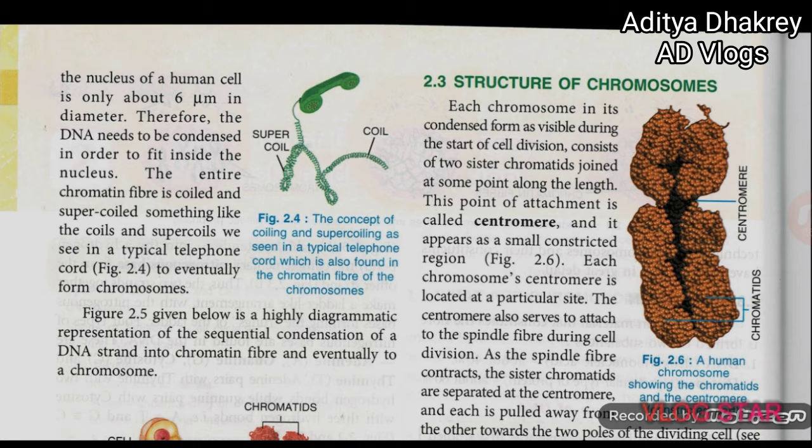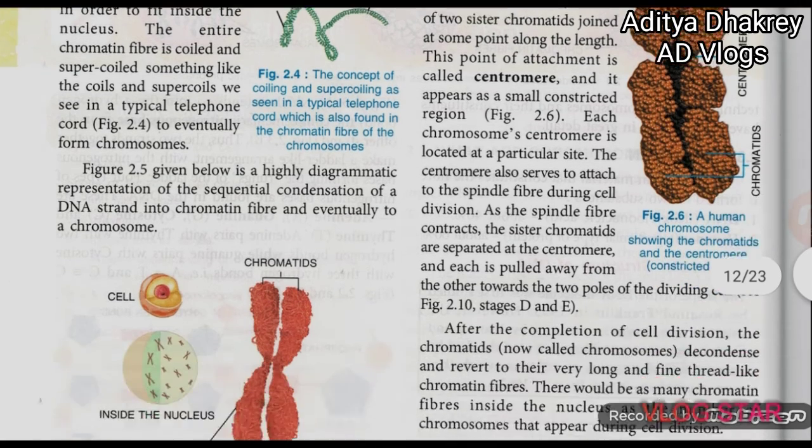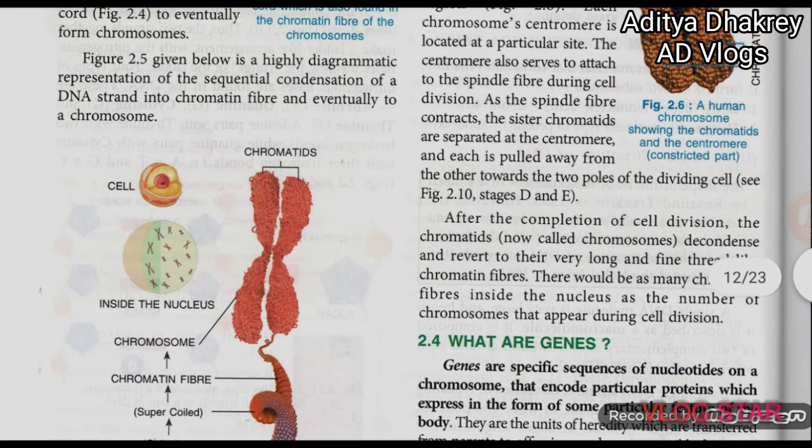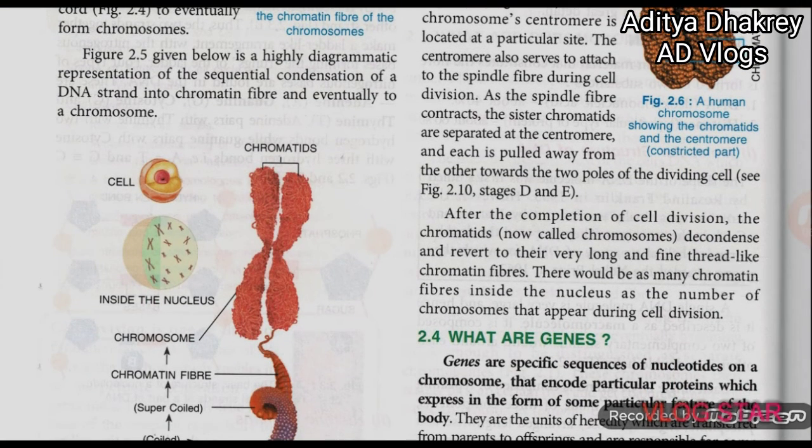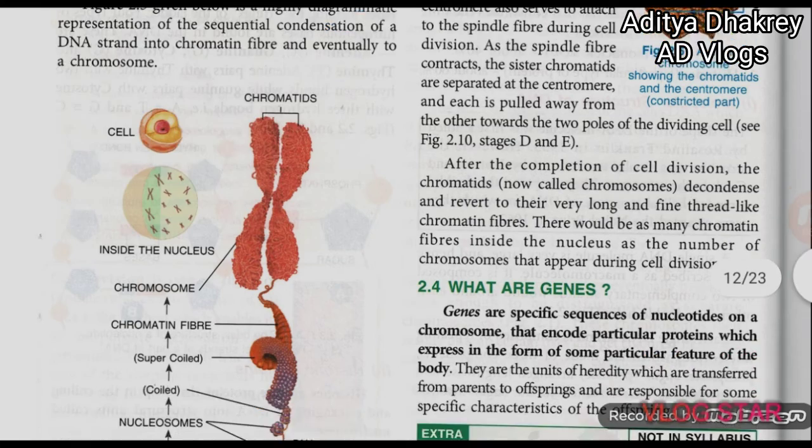The entire chromatin fiber is coiled and supercoiled, something like the coils and supercoils we see in a typical telephone cord, to eventually form chromosomes. Now, the figure 2.5 given below is a highly dramatic representation of the sequential condensation of a DNA strand into chromatin fiber and eventually into a chromosome.